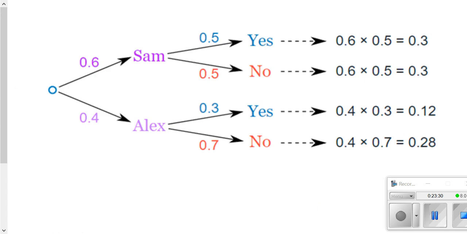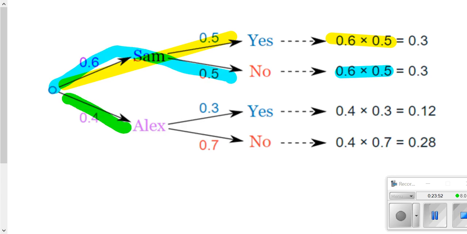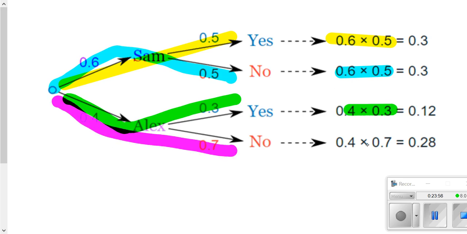So here's a nice tidy version of what I just drew. And then you can see over here, what you do is you just multiply. This happens and this happens. The word and in probability means to multiply. And I can do that for the next branch, and for the next set of branches, and for the next set of branches.